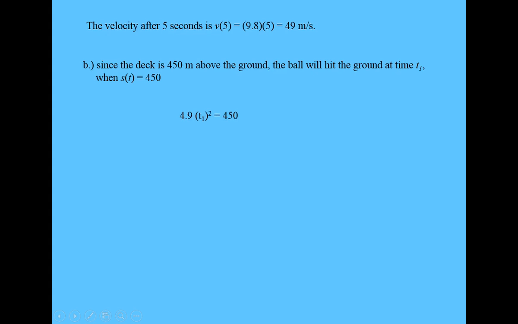So if we can solve this equation for t, we would be able to determine the time at which the ball hit the ground. So just divide both sides by 4.9, take the square root. We'd only take the positive value, because we can't have negative time. So it would take 9.6 seconds for the ball to hit the ground.